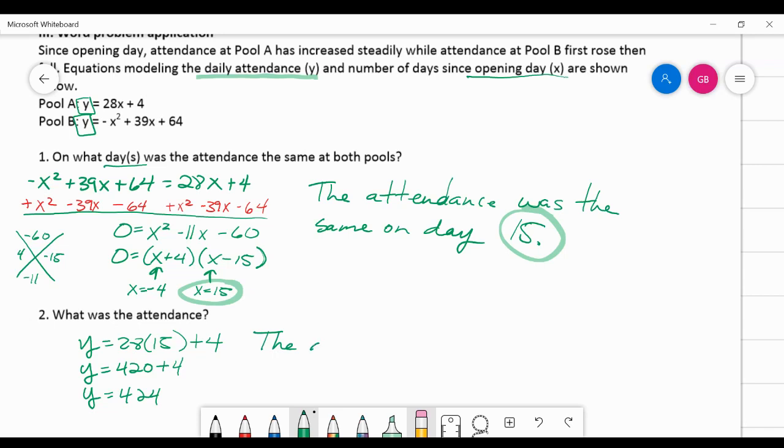So the attendance was 424 people. And that's it.